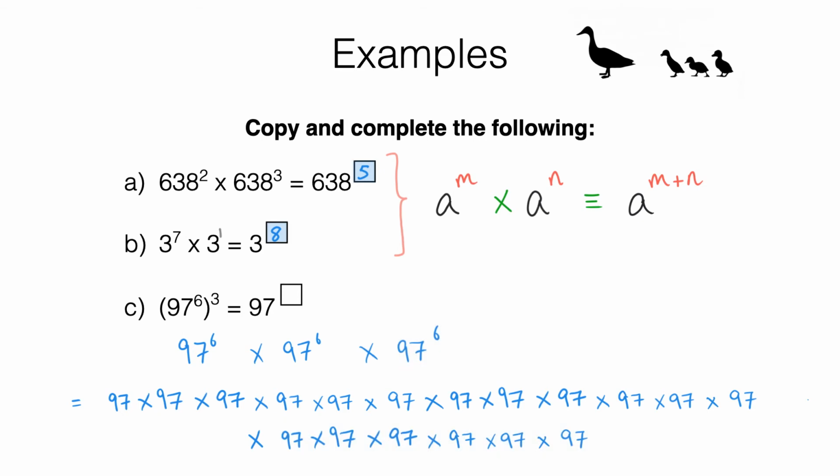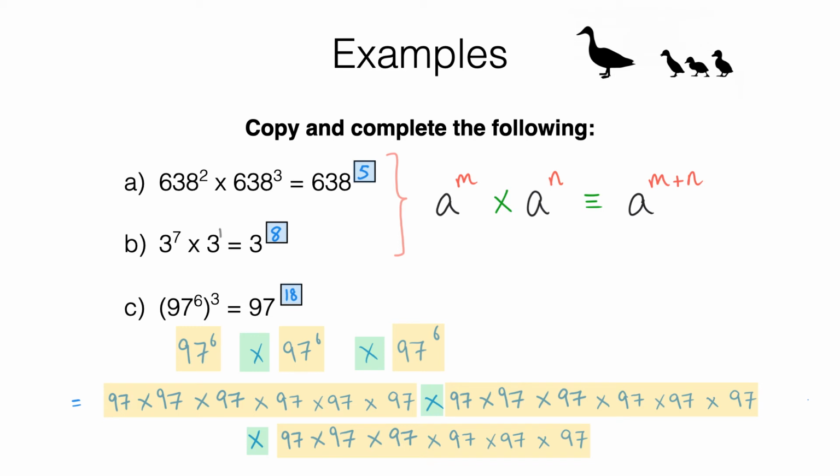If I just put those coloured highlights back, hopefully you can spot a quick way of working out what power of 97 we have. It's simply 6 multiplied by 3, which is 18. If you count all of these, you'll find that we've got 18 of these 97s being multiplied together.